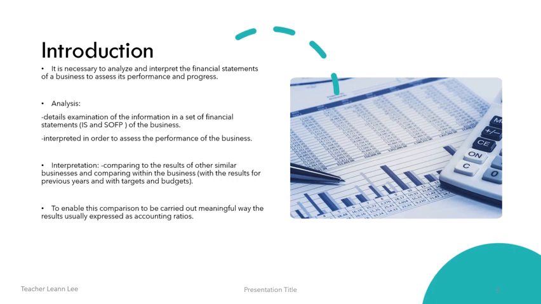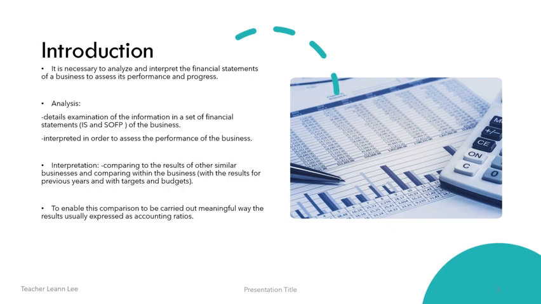But in this topic, we will analyze in more detail by using the different profitability and liquidity ratios, so that we can then interpret according to the results we have calculated. Analysis is just seeing the data of the financial statement and how to assess the performance of the business.